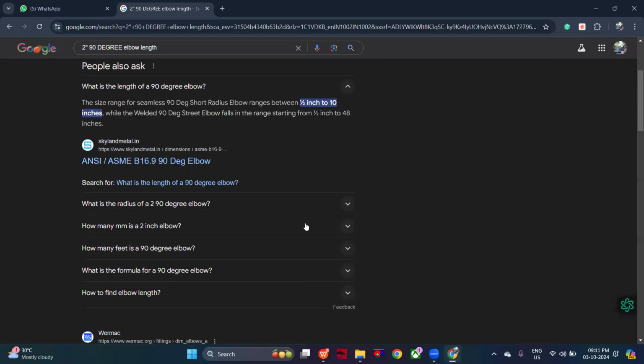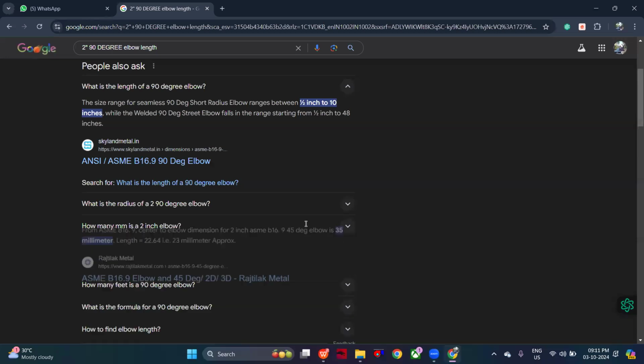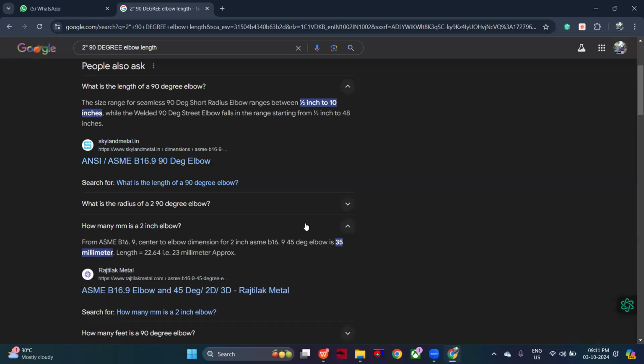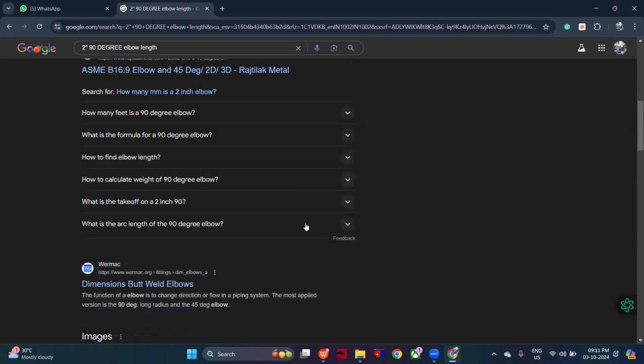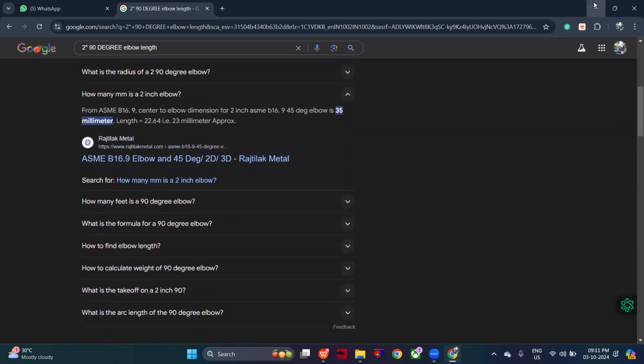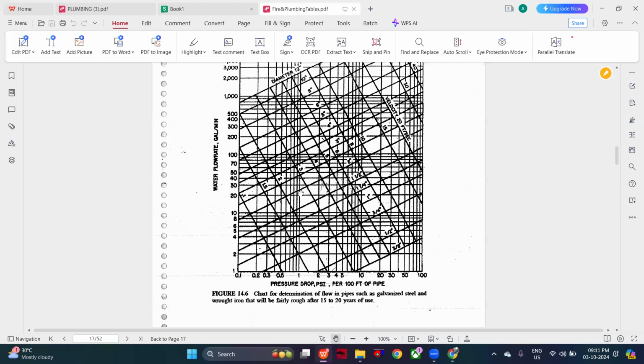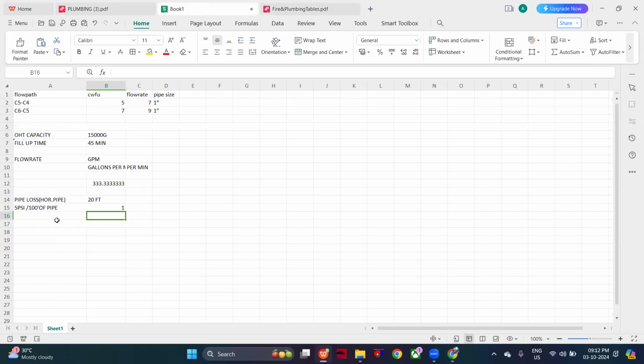There are different types of tables. I think it's 5 feet.